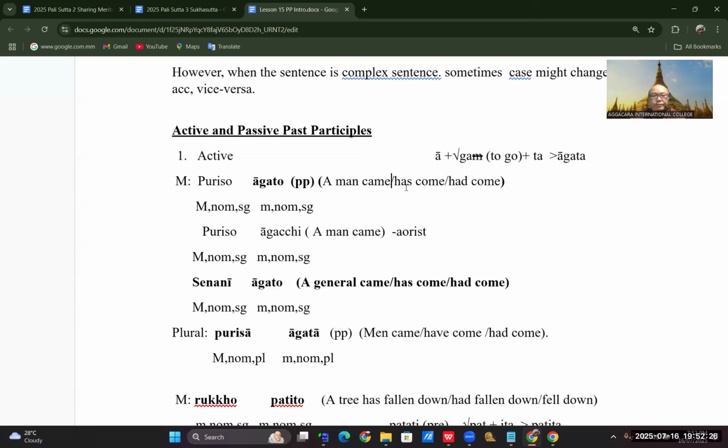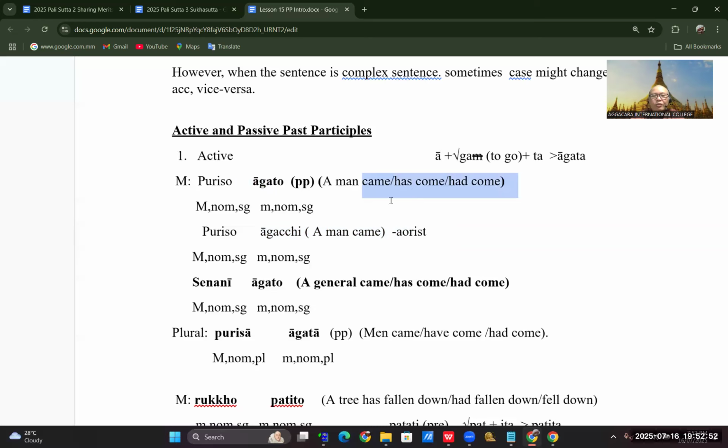All right. So far, okay? Okay. Now, puriso agachi. Compared to puriso agachi, a man came. So this agachi is aorist, right? So this is definitely in past tense only, in aorist mode. But agato here is a PP, past participle, and there are three ways we can translate it.